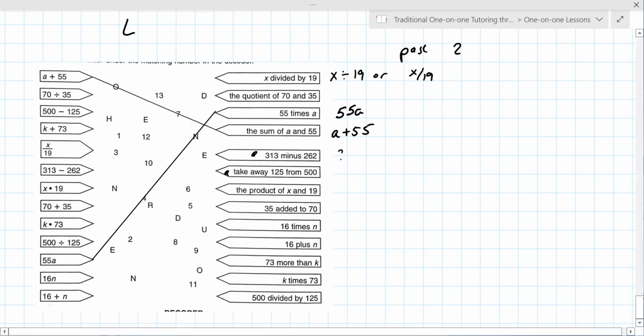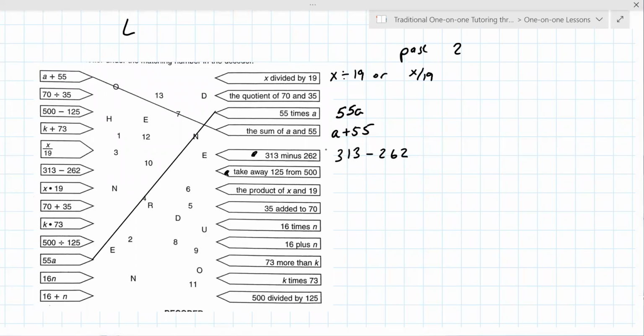I have that like there. So it's below the x divided by 19. Yep, x divided by 19. That works.